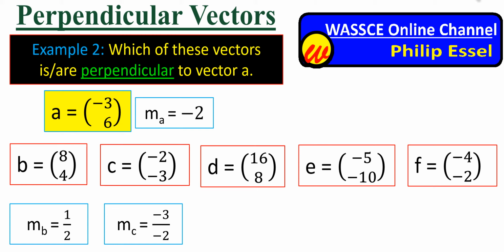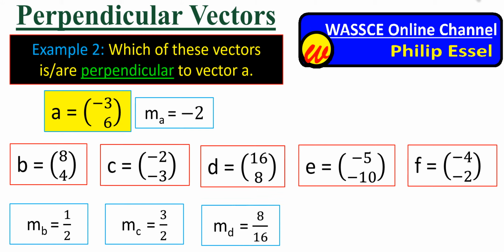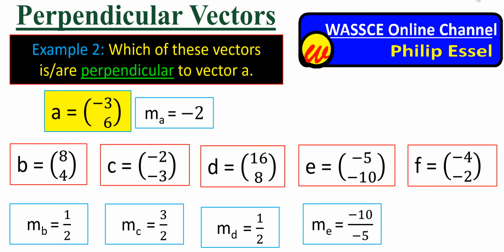When we break this down, we would get 3 divided by 2. The gradient of the vector D is 8 divided by 16. When you break this down, you would get 1 over 2.